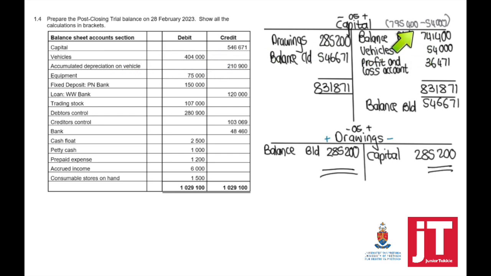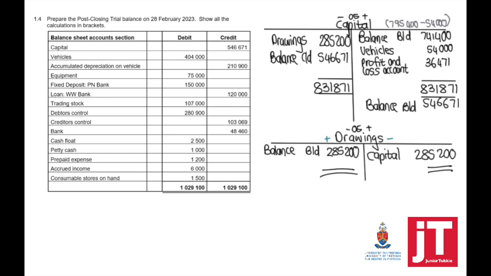We had a balance in the beginning, 795,400, but additional vehicle was contributed, which has been recorded. So that means we've got the balance in the beginning plus the additional capital contributed plus the net profit minus the drawings equals my new capital balance.